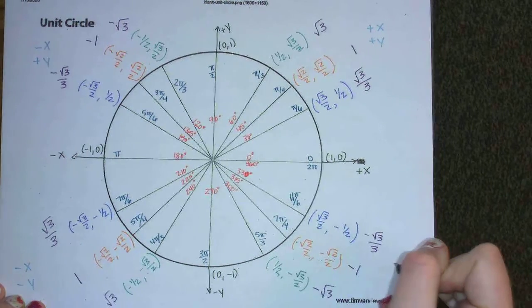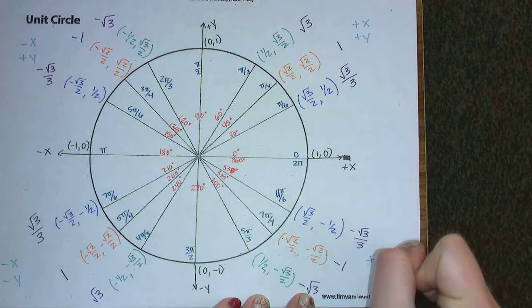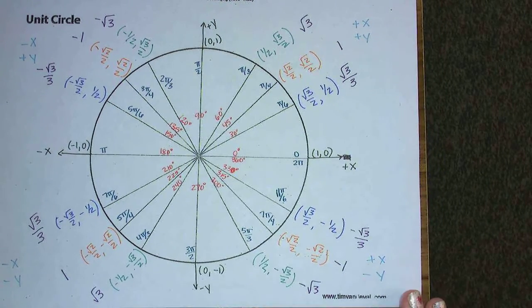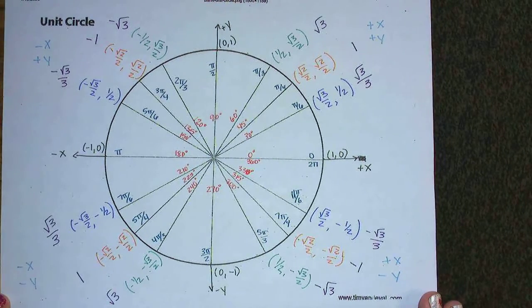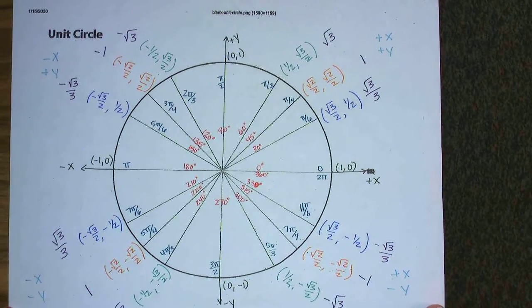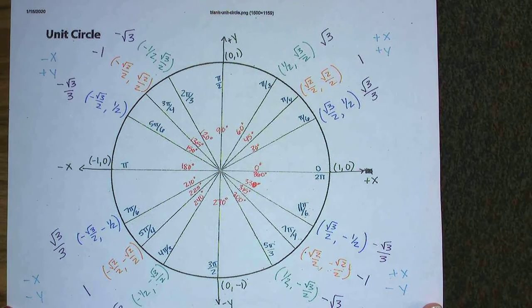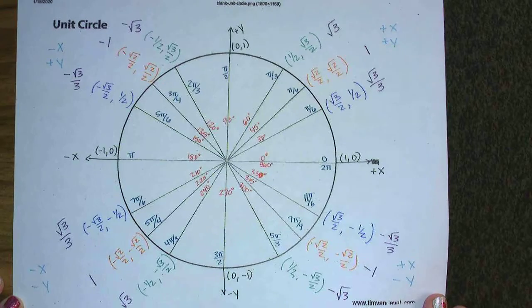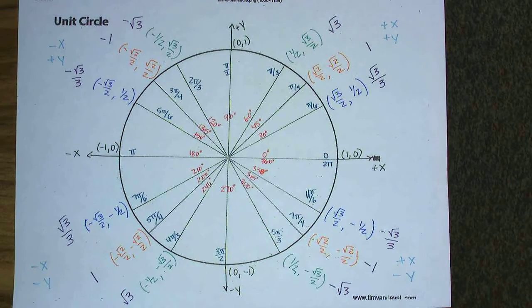And over here you've got positive x, negative y. So that's just kind of to help you. Anyways, that's the unit circle.